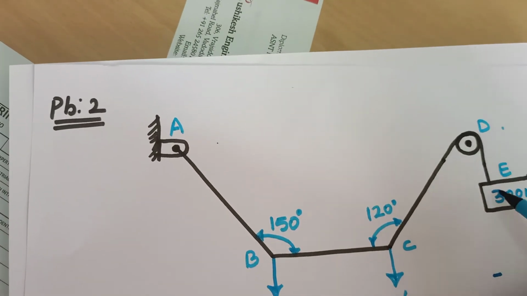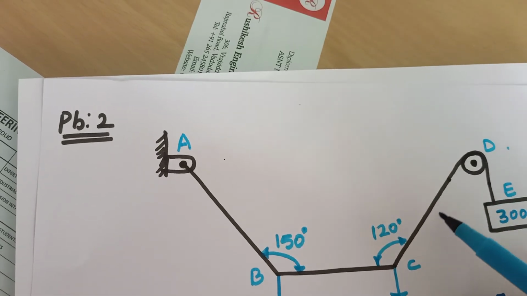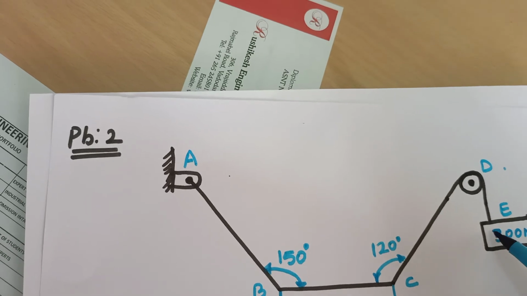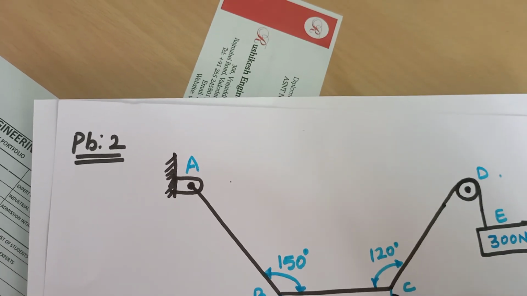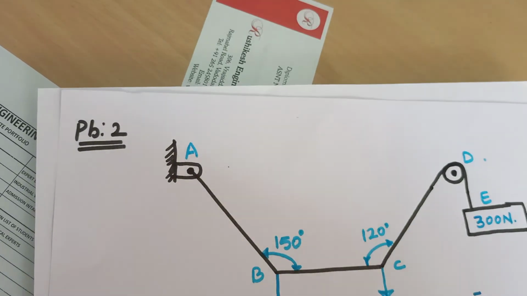So the force in the string DE will be the same as the force in CD. So 300 is the load borne by this particular string CD.